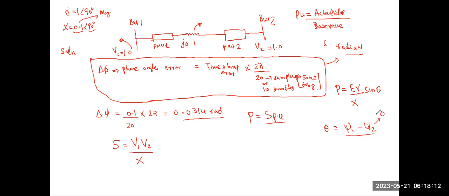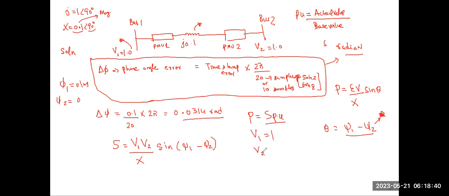In the timestamp, psi1 is given as 0.1 milliseconds, whereas the second error is zero. So here the theta value would be this minus this. Now you have the values of V1; V1 is 1.